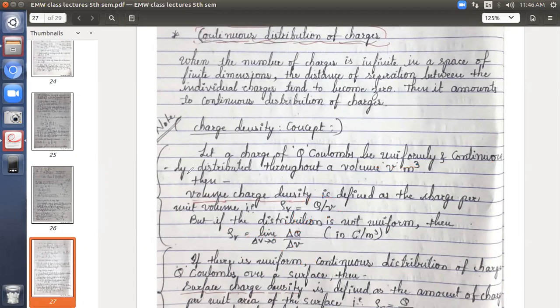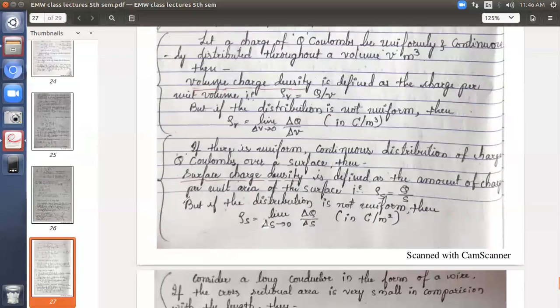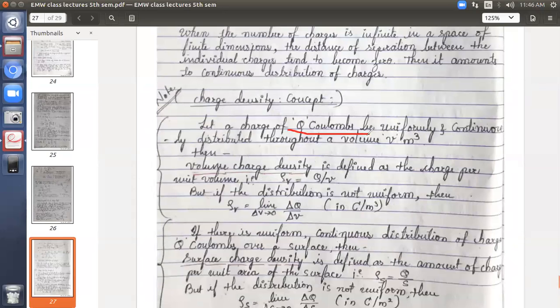The way we have defined volume charge density, let us see how surface charge density is defined. Again, we consider q coulombs of charge uniformly and continuously distributed, not throughout a volume, but over a surface.